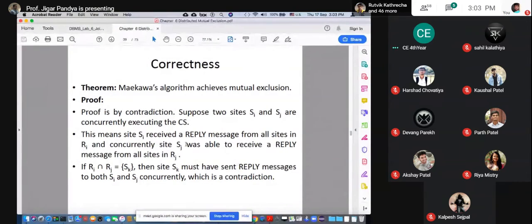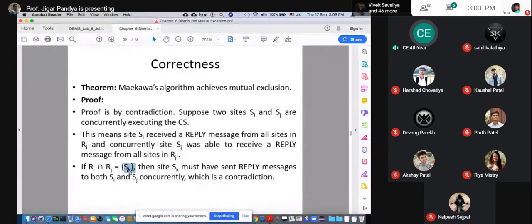But then we know that between any two quorums, there has to be a common site, right? Now, is it possible? This common site, which is SK, as both of them are executing CS, Si as well as Sj, which are in different quorums, and as per the algorithm, they will execute the critical section only if they have received acknowledgement from all.